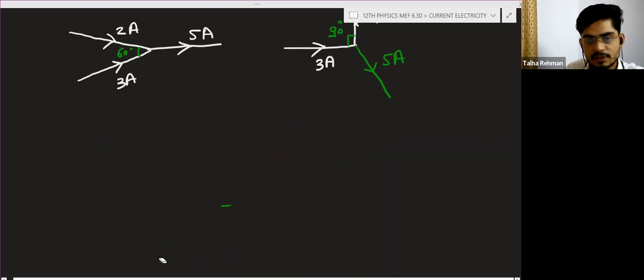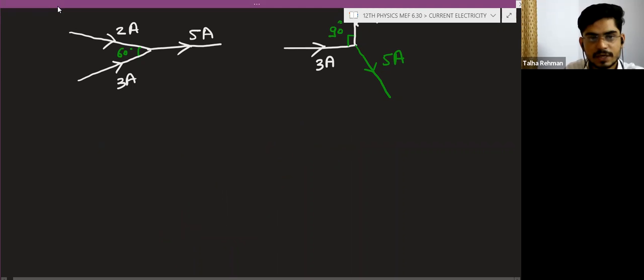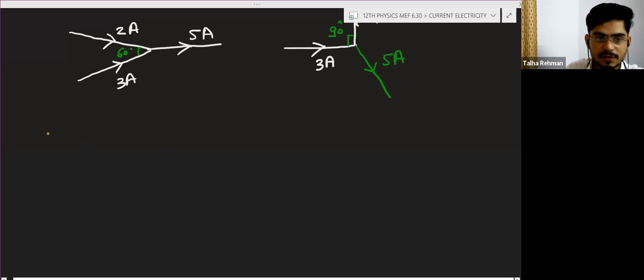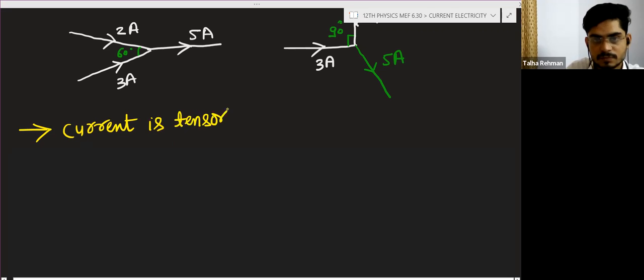In actual, the current is a tensor quantity. These types of quantities which do not follow the vector laws are known as tensor quantities. So you can say current is a tensor quantity.